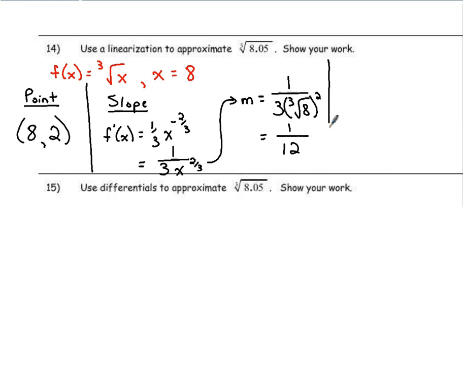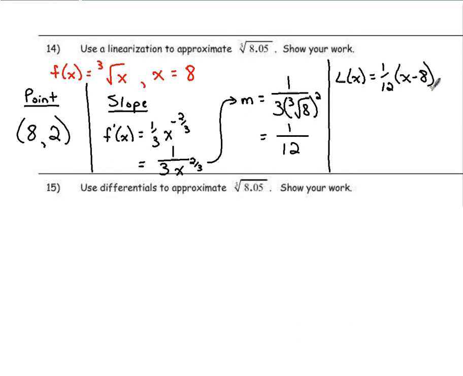Now normally at this point we move on to an equation, and after that we would have the linearization. Let's cut straight to the linearization. L of x is going to equal our slope of 1/12 times x minus the x value at our point, which was 8.